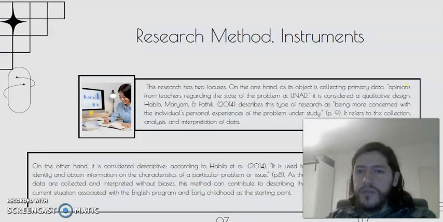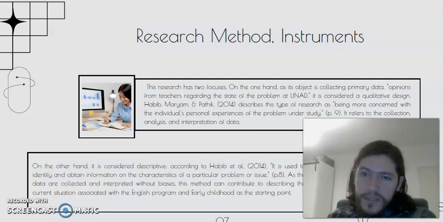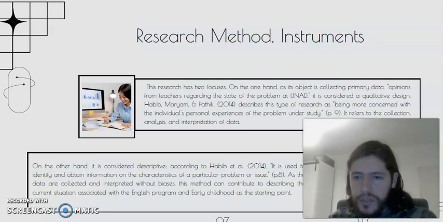The research method: for this research, I have decided to focus on two parts as well. The first one is the qualitative design that just concerns the information on individuals' experiences from tutors and directors from the practical course.